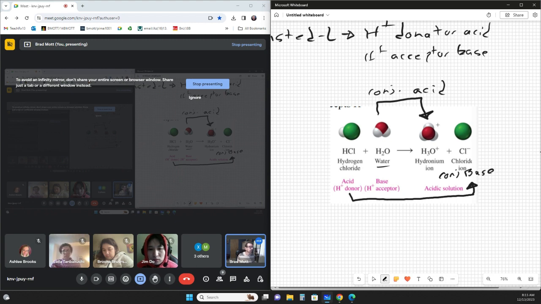And then the hydronium ion, running the opposite way, would become a proton donator and become the acid. Okay, on the left side, we have the acids and bases. On the right side, we have their conjugate acids and bases.